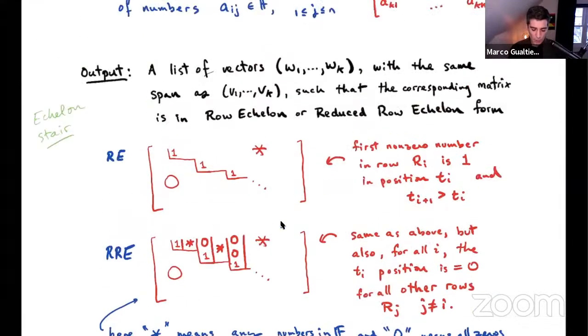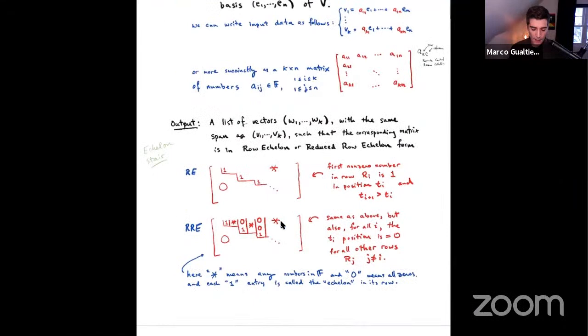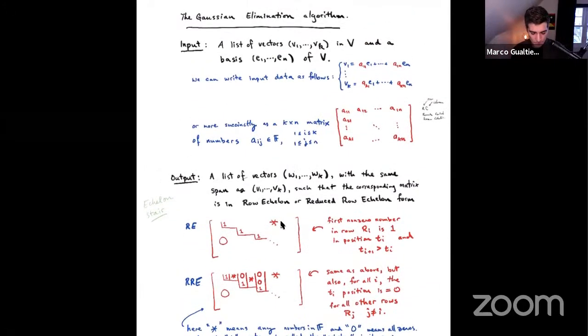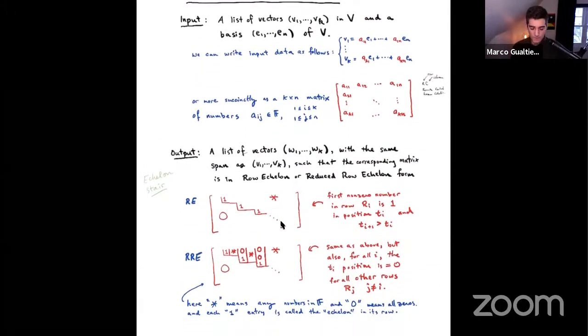Okay, so this is the point: we are going to take a random k by n matrix. In other words, you're going to give me any list of k vectors, and I'm going to do operations on it in the algorithm.